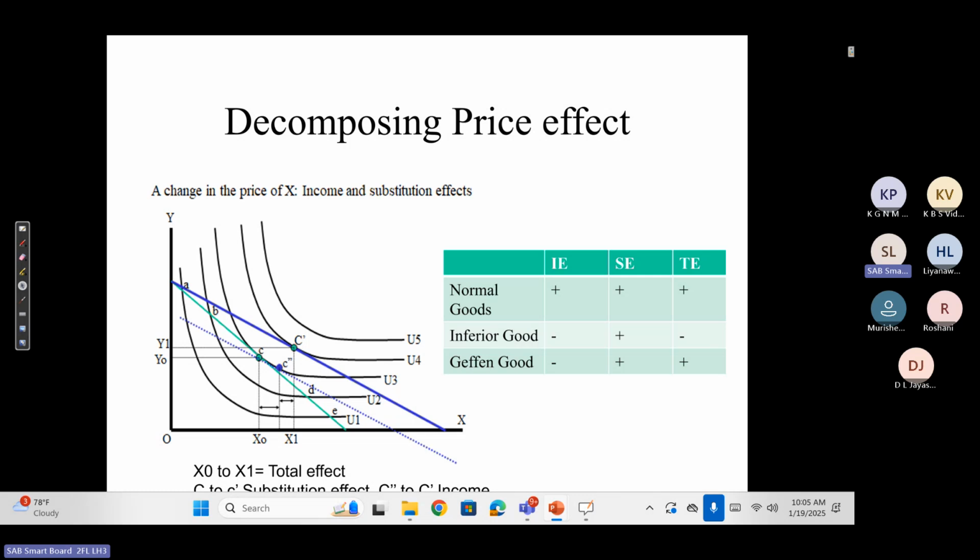Now the total effect is explained by the income effect and the substitution effect, right? So when there is a change in the price, we identify two things. There is a decline in the price of the product. Nominal income does not change, but real income does, so there is an income effect also.